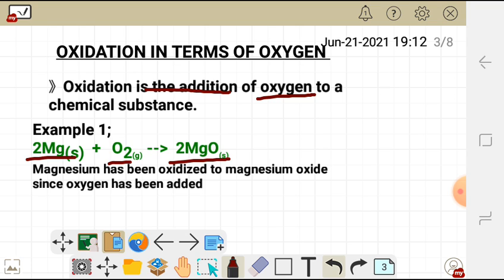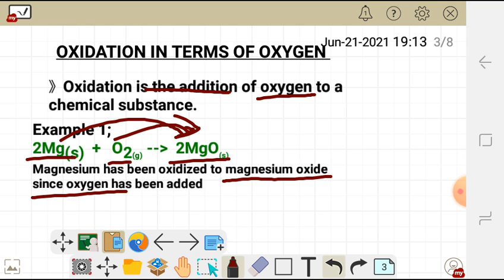In this case, we can say magnesium has been oxidized to magnesium oxide since oxygen has been added, as we have seen in the reaction. Here it was alone, but at this side it is with oxygen. So the addition of oxygen to a chemical substance is oxidation in terms of oxygen.